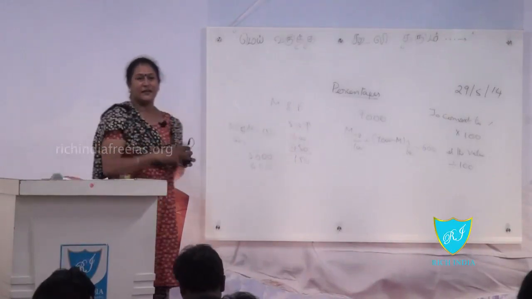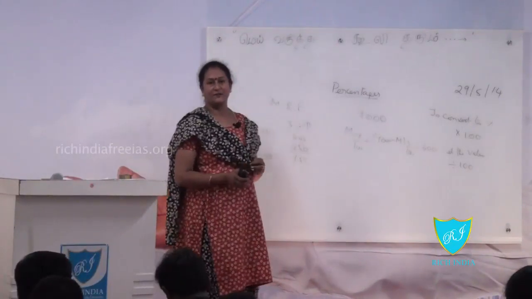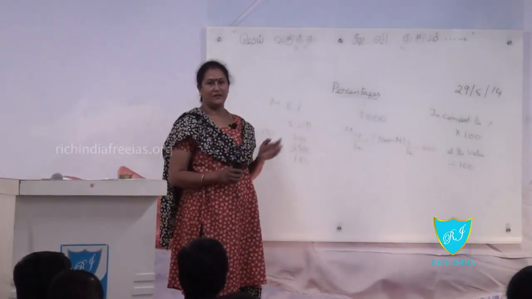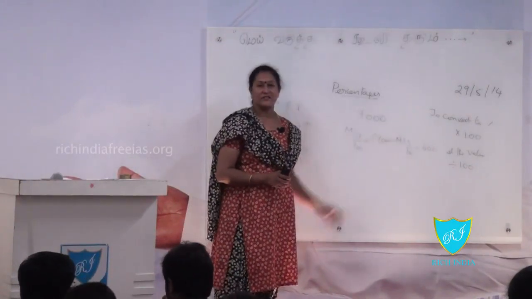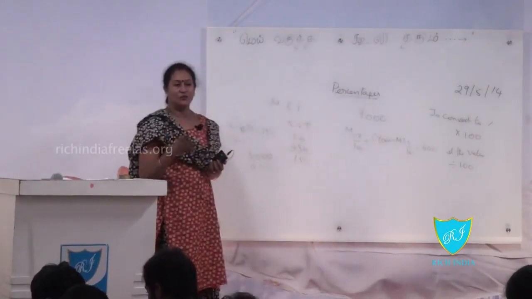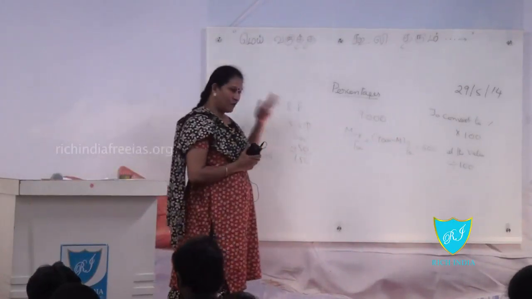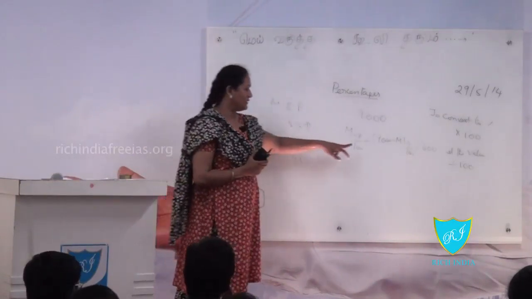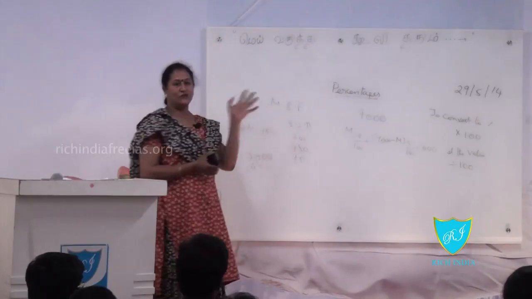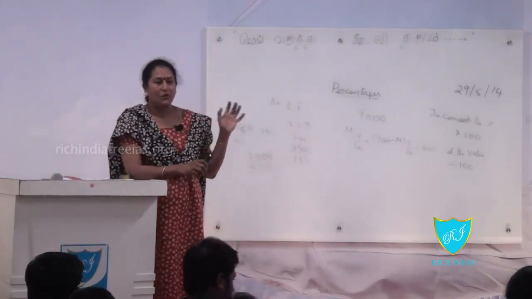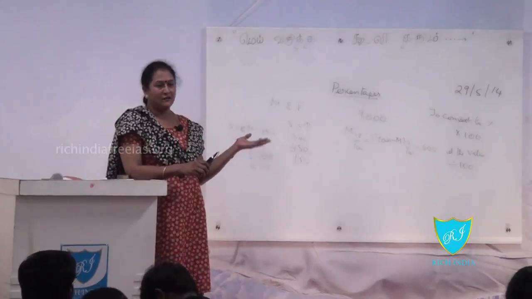So suppose when you take 8% for both, so 8% of 9000 will be 720. 9 into 8, 72, 720. But you have 600. So we have got more. How much is the difference? 120 is the difference. So we have got an excess of 120 because for female, instead of 5 we have taken 8. So 3% of female is 120. What will be 100% of female? 4000. Same value you will get.